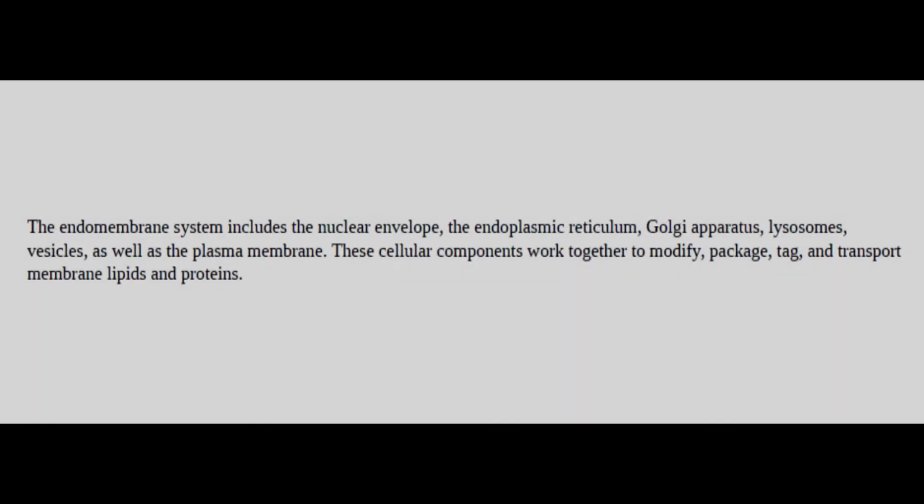The endomembrane system includes the nuclear envelope, the endoplasmic reticulum, Golgi apparatus, lysosomes, vesicles, as well as the plasma membrane. These cellular components work together to modify, package, tag, and transport membrane lipids and proteins.